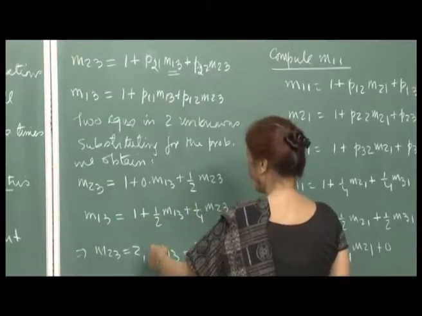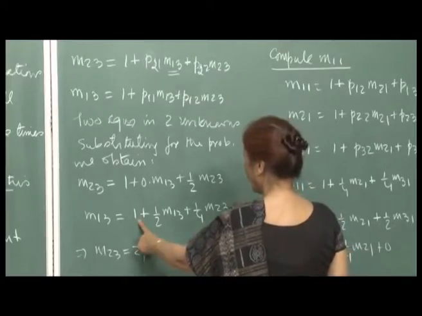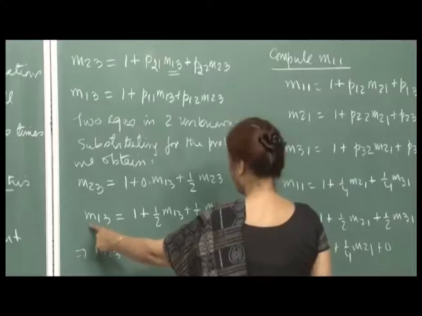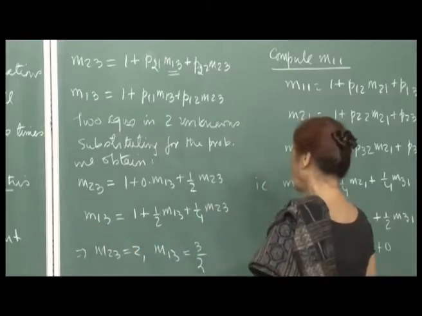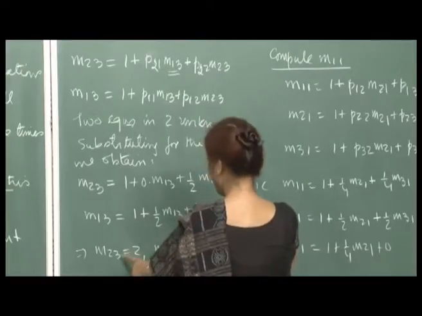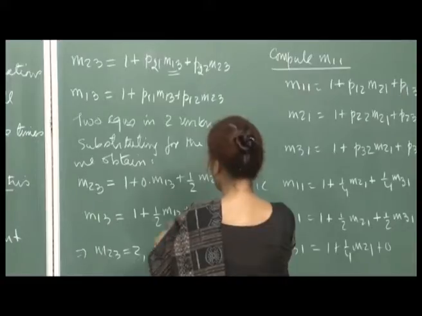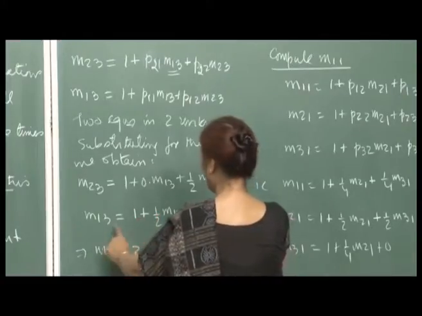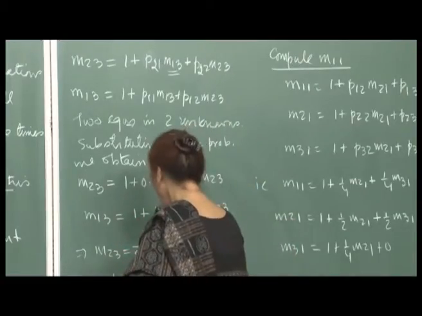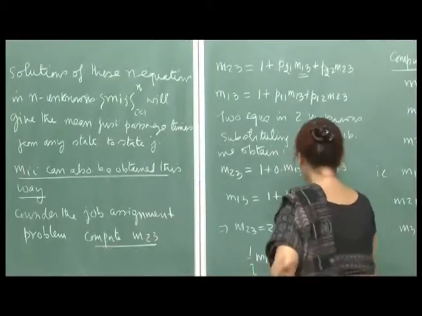Then, once M23 is 2, this is 1 by 2 and this is 3 by 2, and when you bring this to this side, half M13 is equal to 3 by 2.